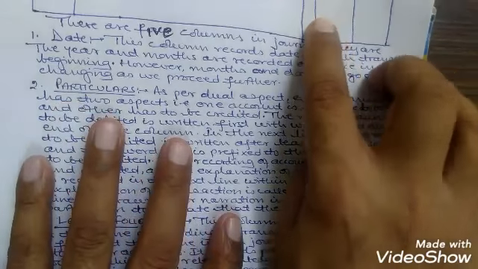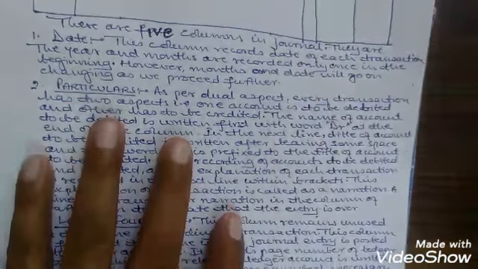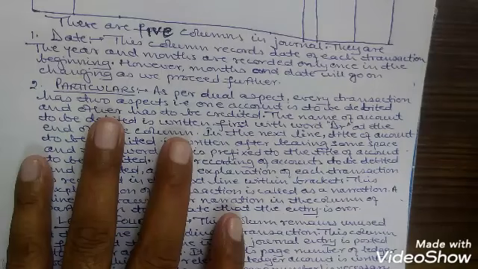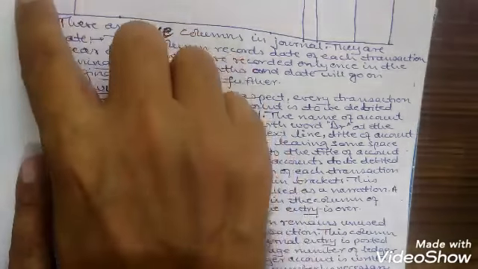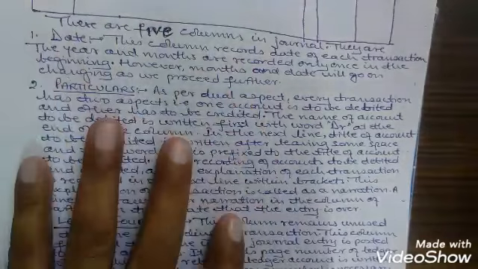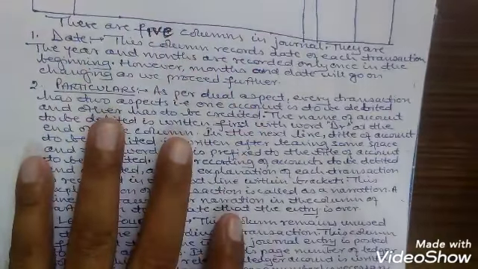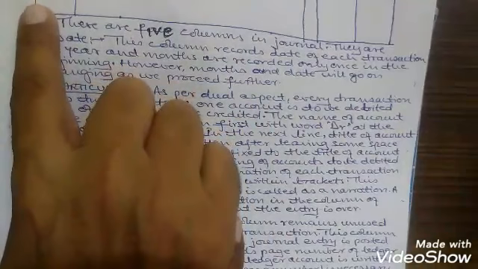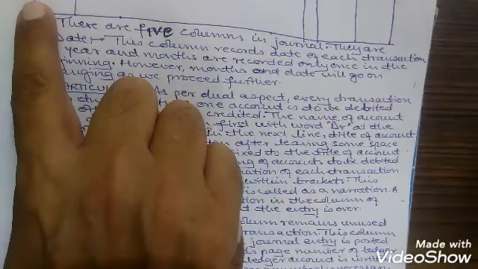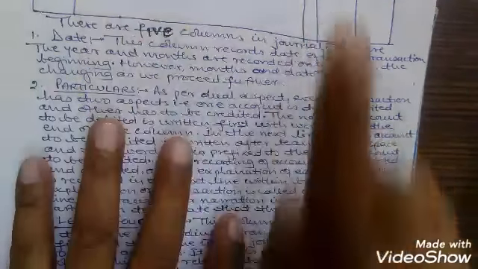It's clear. If 2 or 3 transactions are falling on the same date, then you will not draw a line in the date column, and as soon as the date changes, the line will be drawn after the narration from the date column till LF column.